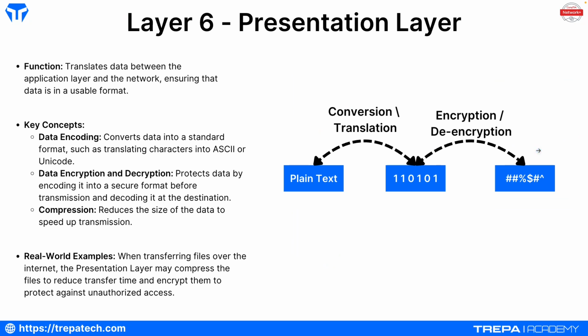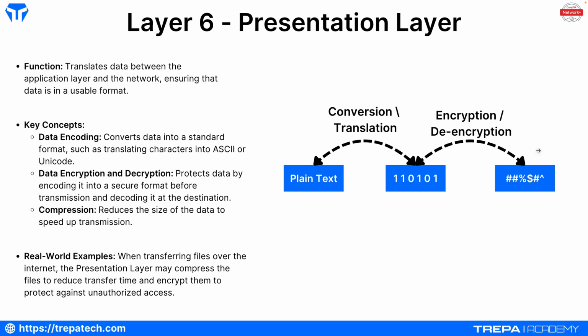The presentation layer is going to communicate, obviously, between layer 5 and layer 7, the application layer. And it's going to do data encoding. It's going to do data compression. And it's also going to be doing encryption and decryption. So at the presentation layer, we're taking what we would see as plain text, regular numbers and letters as we would see them in our human alphabet, and it's converting that over to binary.